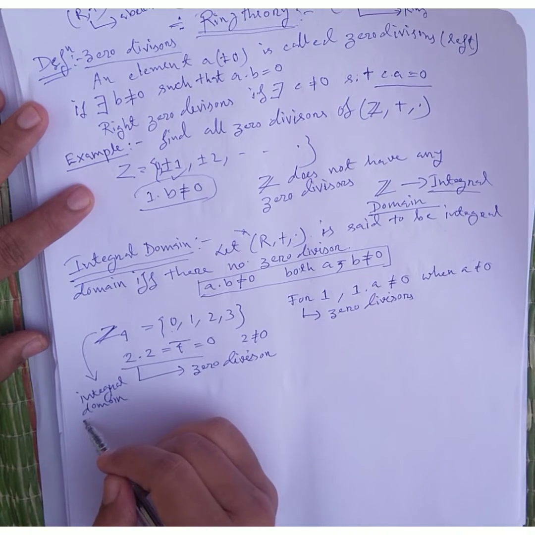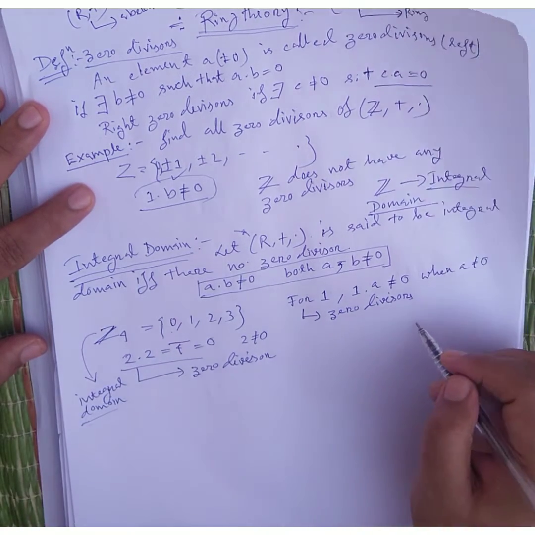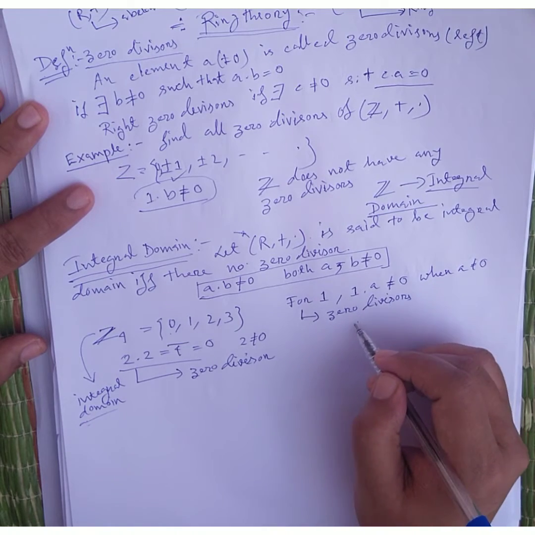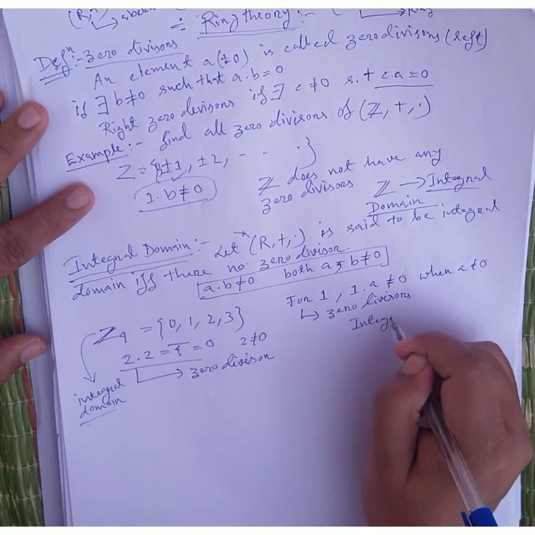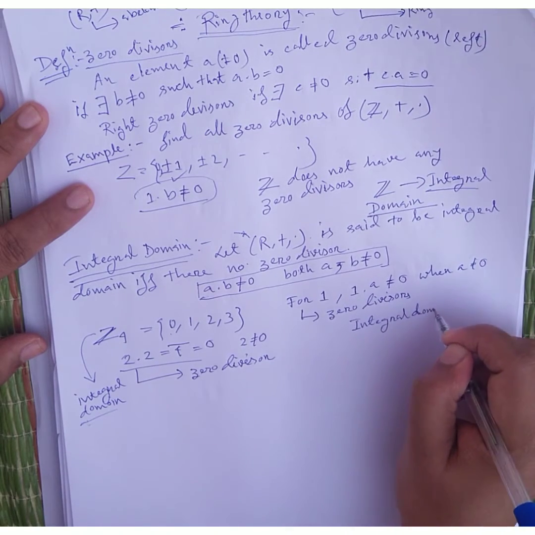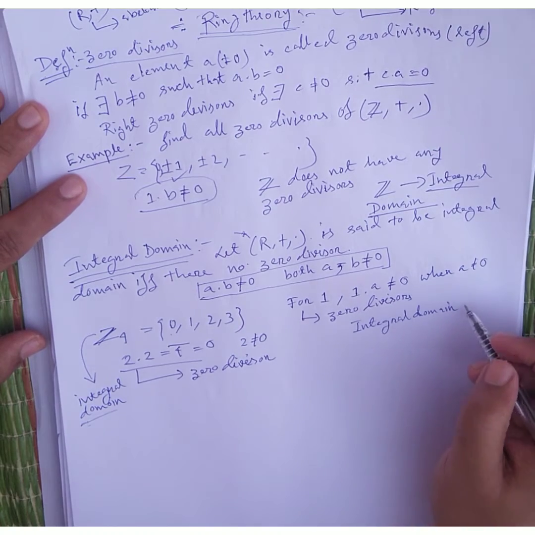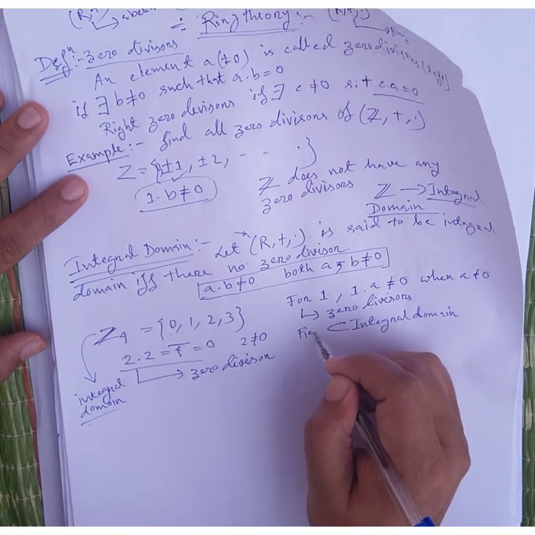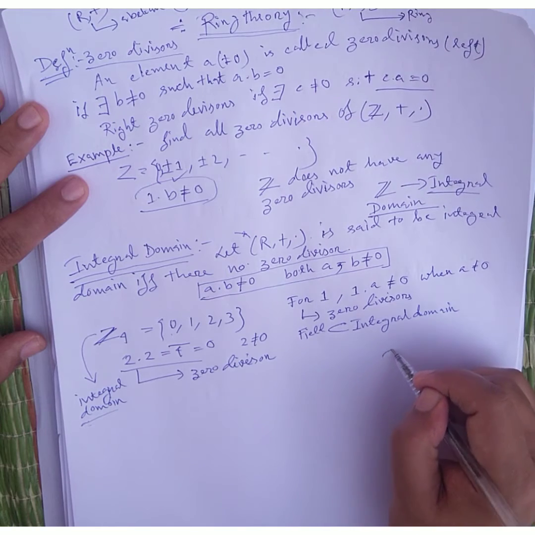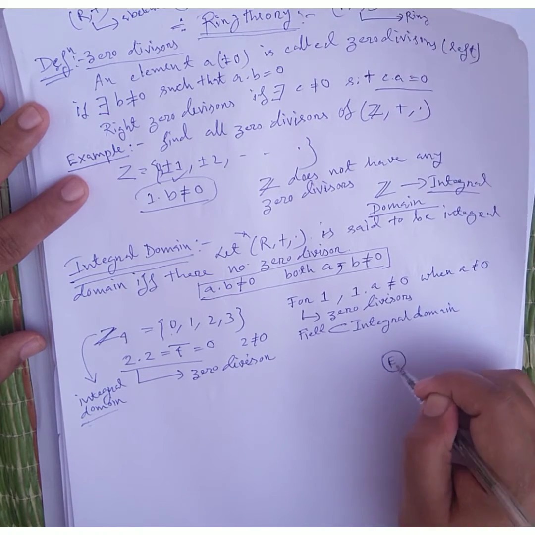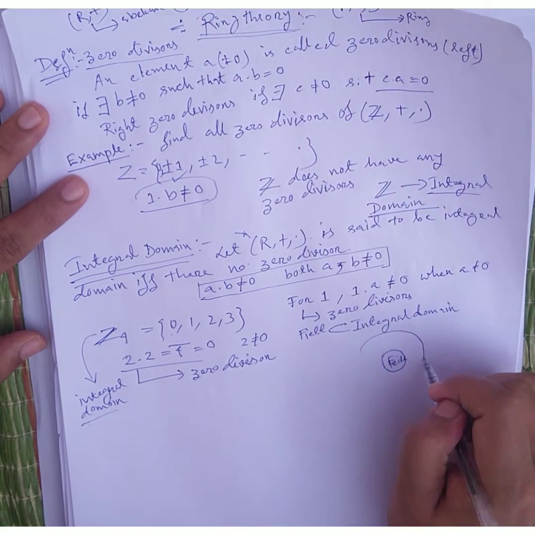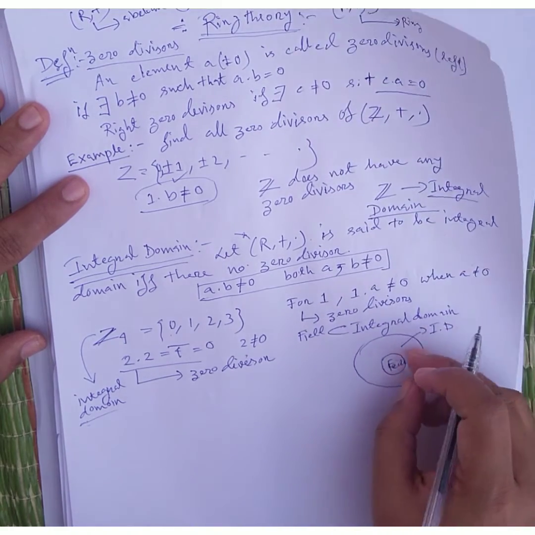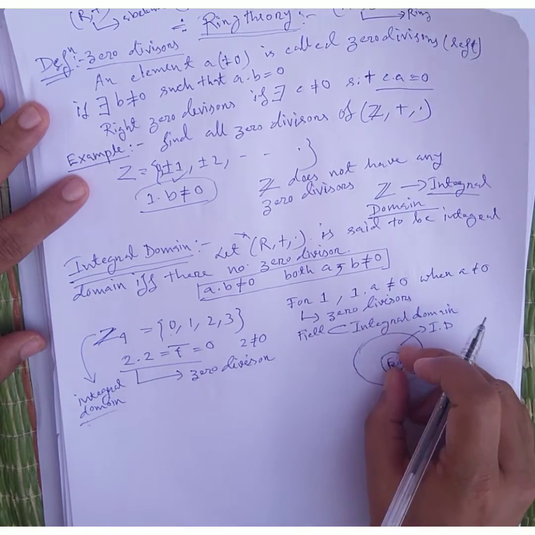So Z4 is also not a field, because a field is a proper subset of integral domains. Means the field is here, and it is contained in the integral domain.